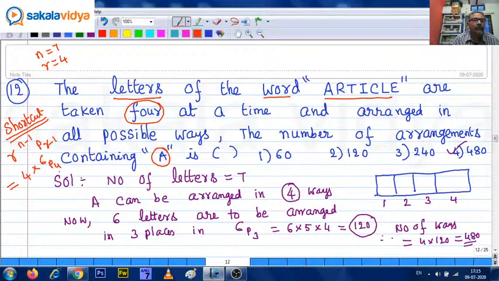Here n is 7 and R is 4. So 4 into 6P3, which is 4 into 120, that is 480. I already discussed this shortcut. With the help of this shortcut also we can solve this problem.